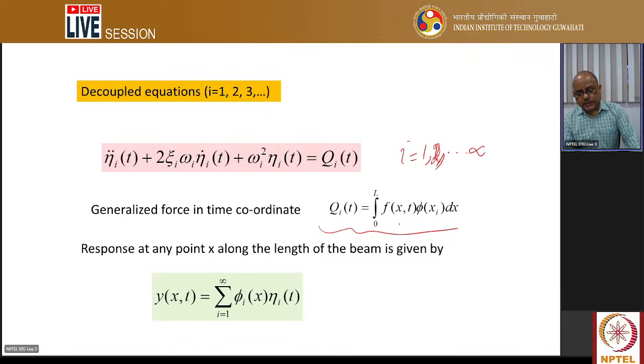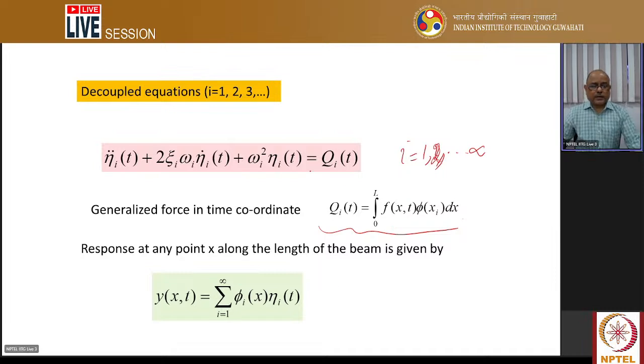Therefore, if f(x,t) is a distributed force, then f(x,t) into phi i of x, the mode shape function, when integrated with respect to x, will give you the generalized force in the time domain, because we are integrating over L, and therefore only the parameter t will be involved in the final expression.